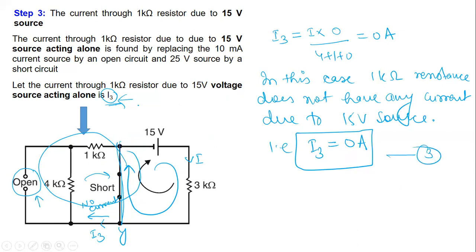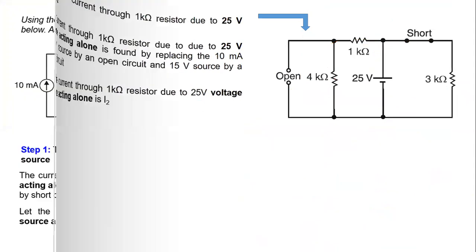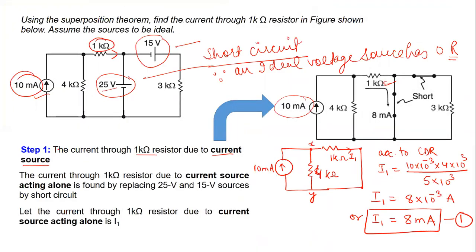Now our last step is to find the algebraic sum of all the currents in this 1 kilo ohm resistance. How will we find the algebraic sum? That we also need to understand. If we go back to all these three circuits, in the first circuit, equation number 1, the current was flowing in this way.